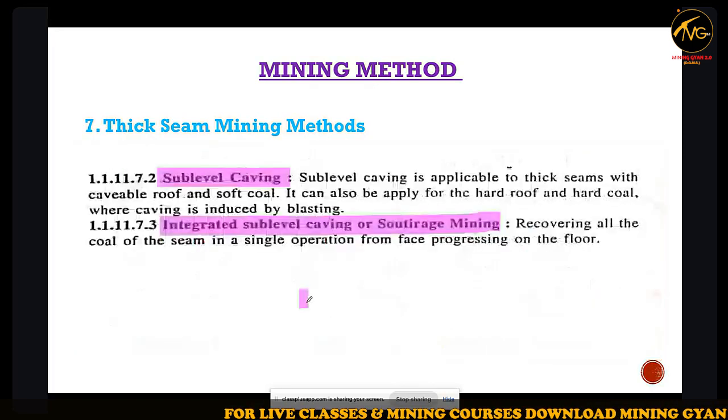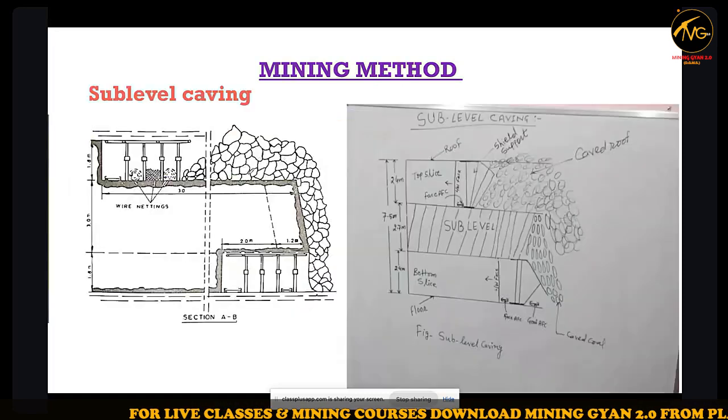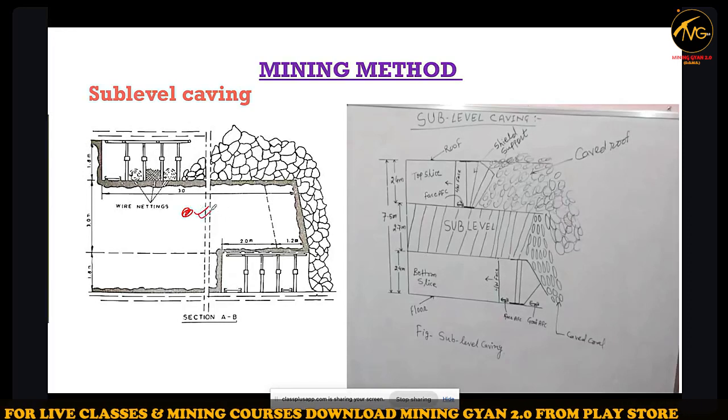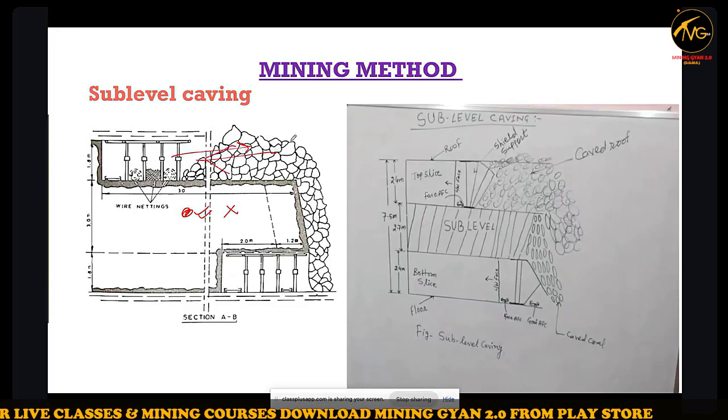Then we have seen sublevel caving. I told you the working is in three phases. The second sublevel slice we do not touch. We will use long wall retreating, and in the bottom we also use long wall retreating.